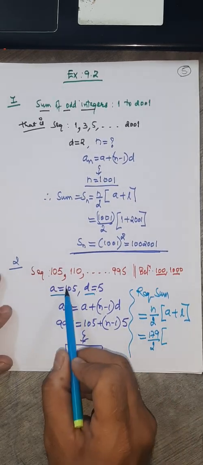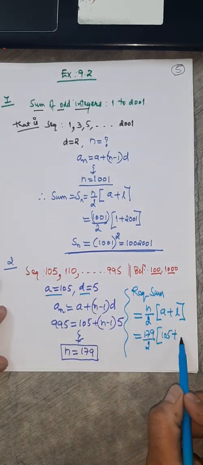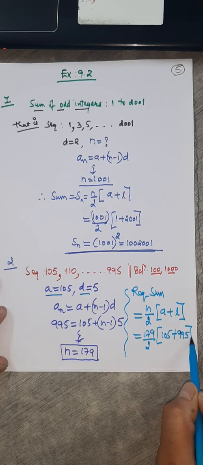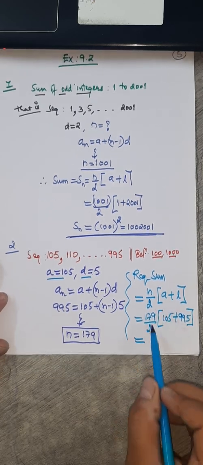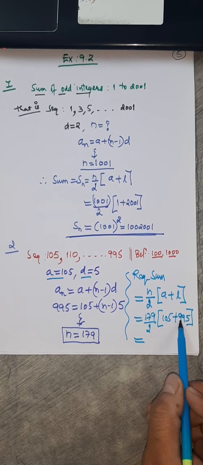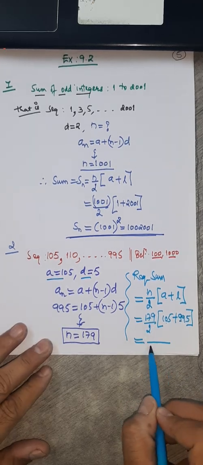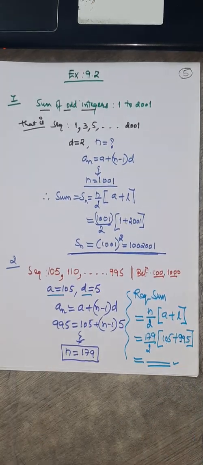A is 105, plus L, the last term, is 995. Just simplify, and you will get the required summation here. Fine.